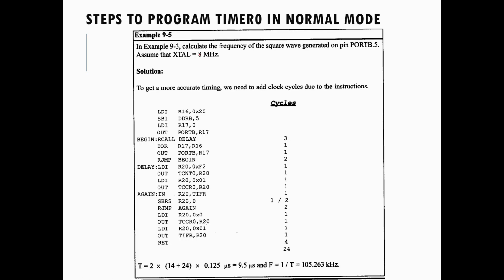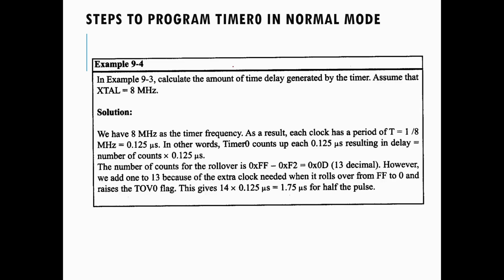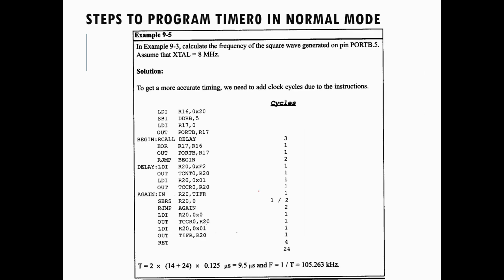For the next example, example 93, calculate the frequency of the square wave generated on pin port B5. Assume that the crystal is 8 MHz. We already calculated that the count in the previous question is 14.